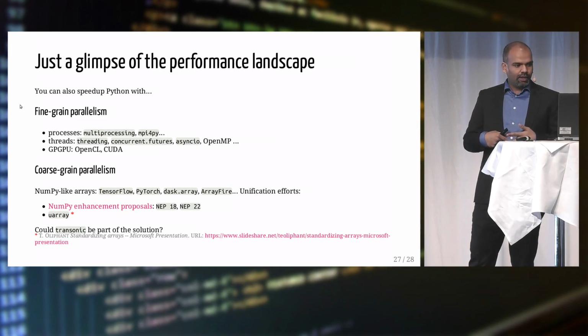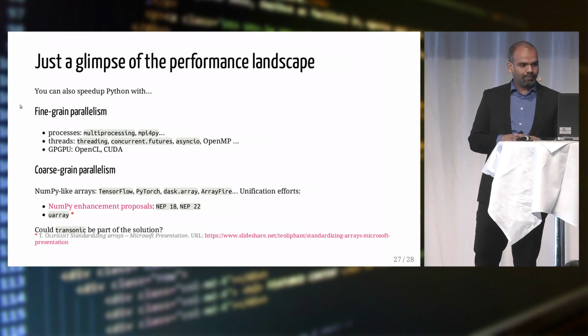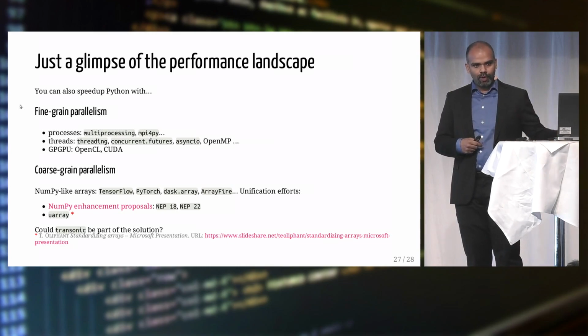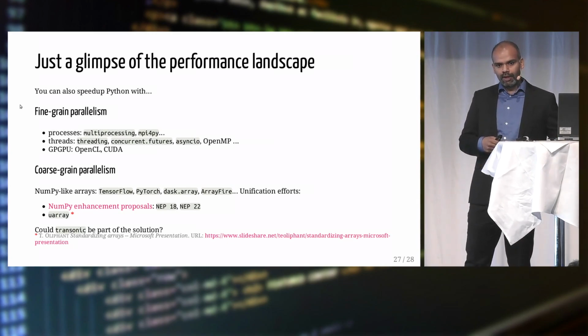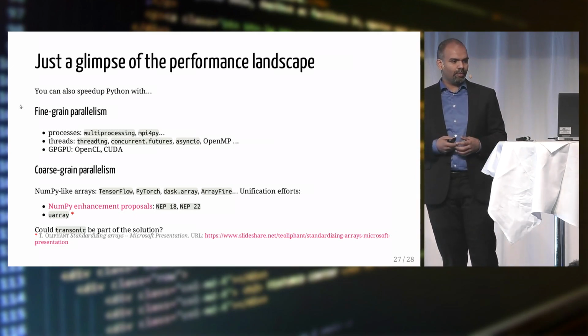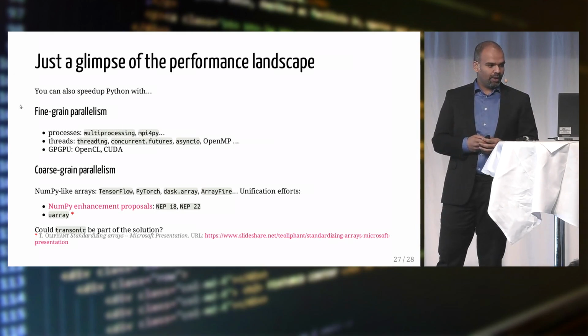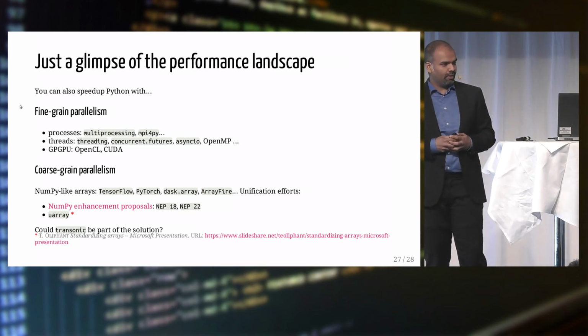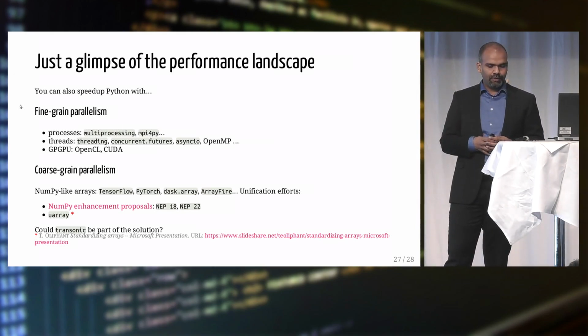But there's another problem going on, like NumPy arrays are not compatible with these, and there is ongoing work to unify it. Maybe Transonic could be part of the solution, maybe in the distant future.